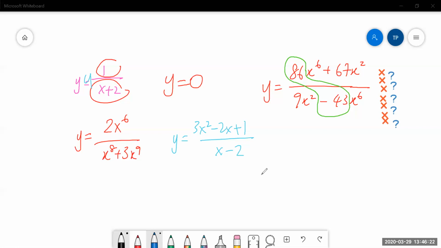Find me all relevant asymptotes. Vertical is x equals to. Correct. Then the oblique one you have to calculate, right? Find it for me using long division. You don't have to write it here. You can write it on a piece of paper, then send it to me.